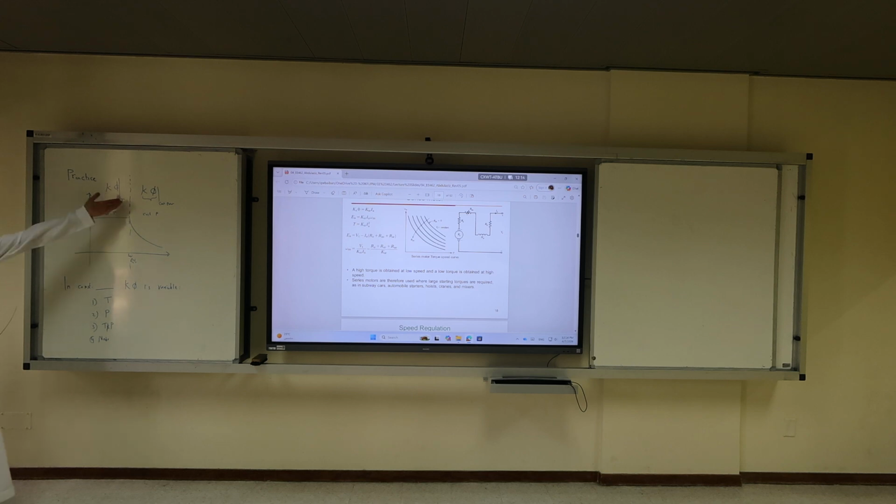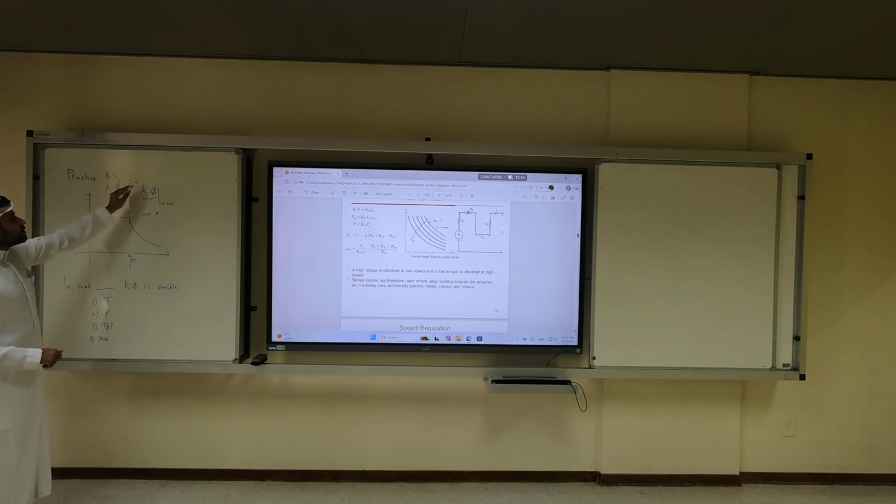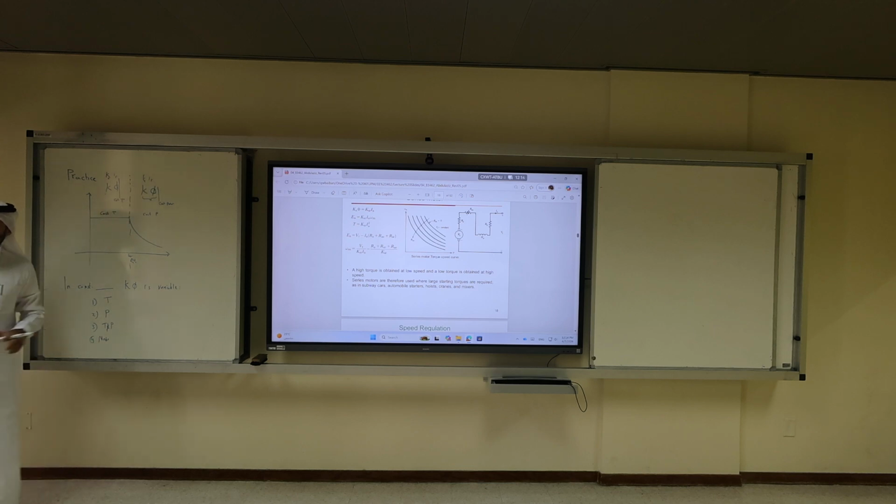K flux could be in voltage times seconds over radians or voltage over RPM, but it is the product of K times phi. Also, we can say it is K, another constant, times IF. Because here IF is fixed, the motor constant is constant. Here, because it's field weakening, what will happen? It drops.